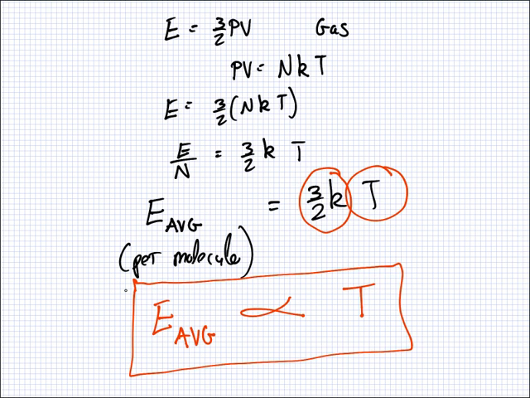And the reason for this is because as the molecule vibrates, the faster it vibrates, it has more kinetic energy. More kinetic energy means more temperature. Is there a limit to how fast the molecule could vibrate? Yes, there is. Nothing can vibrate faster than the speed of light.